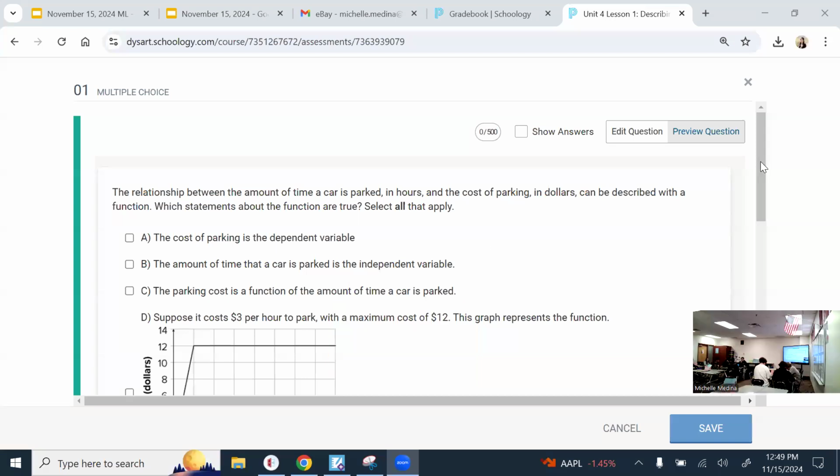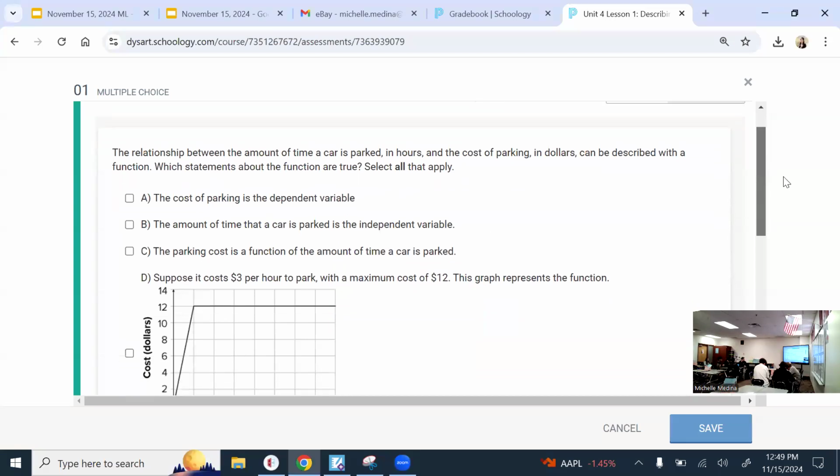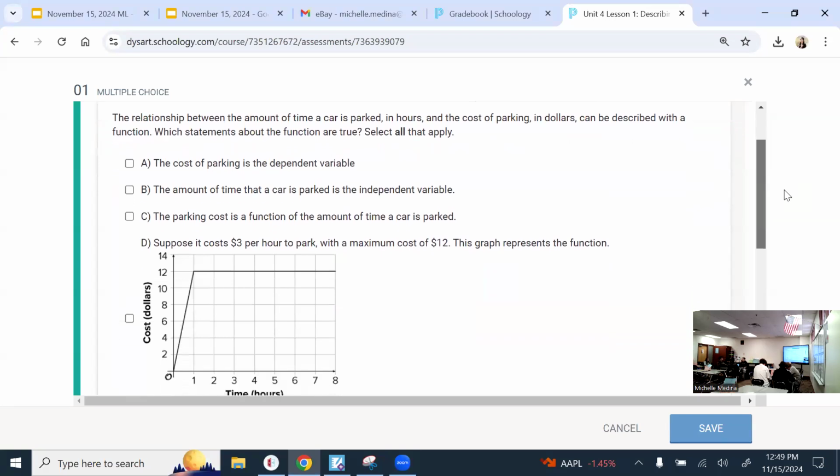And this is a practice from today, number 1. The relationship between the amount of time a car is parked in hours and the cost of parking in dollars can be described with a function. Which elements about the function are true? Select all that apply. So the cost of parking is dependent.